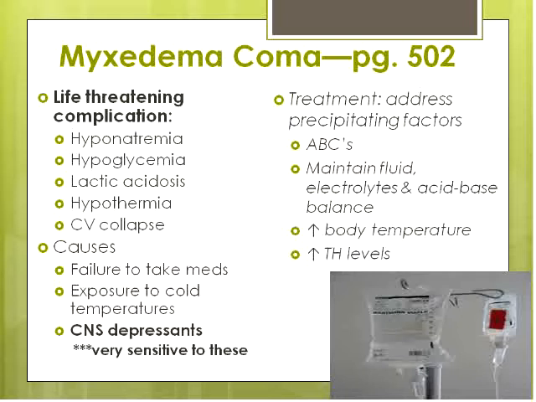Okay? So maintain fluid, electrolyte, and acid-base balance. Let's warm them up. And let's give them the medication for what caused this in the first place, thyroid hormone. Okay? You can give levothyroxine. There is an IV preparation for that.